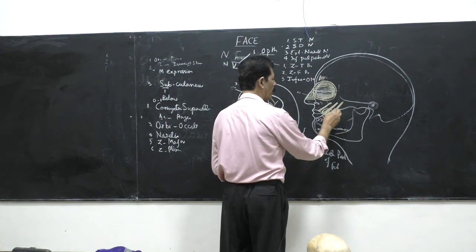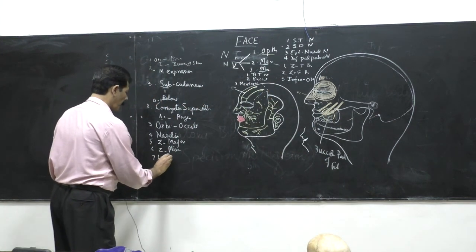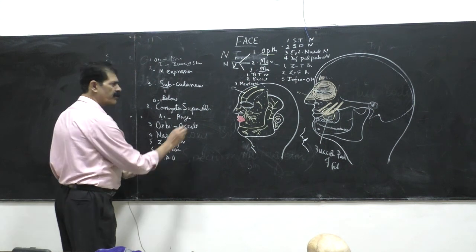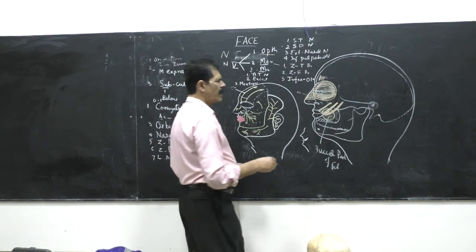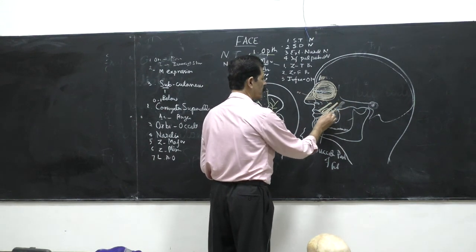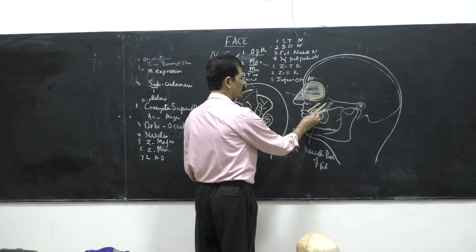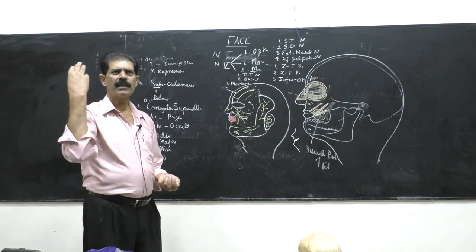Then levator anguli oris. It takes origin from the maxilla bone and is inserted over the angle of the mouth. The name is suggestive: it raises the angle.